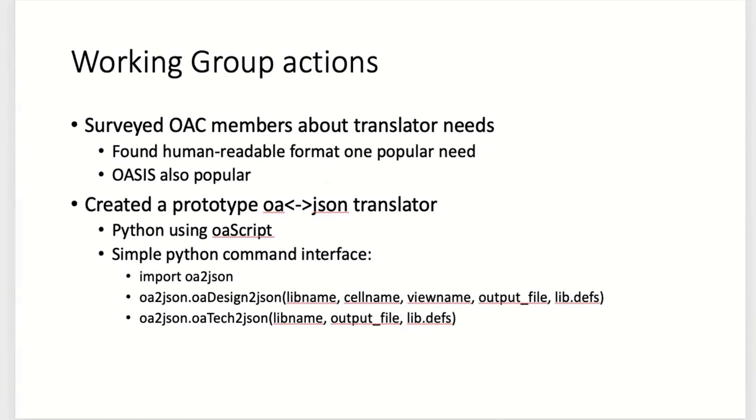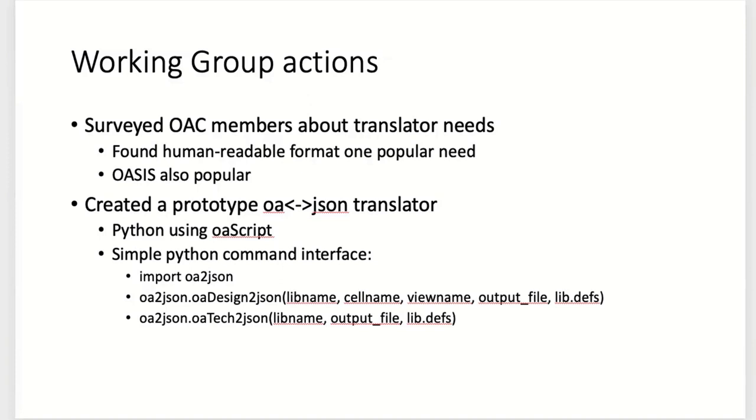So for right now, we started out with a human readable format, and we looked at a few different possibilities. We decided JSON would be something that we could do reasonably well. And again, as was mentioned, OA script provided a really good platform for doing this rapidly. And so we wrote this in Python, which provided us our JSON capabilities as well as our open access capabilities.